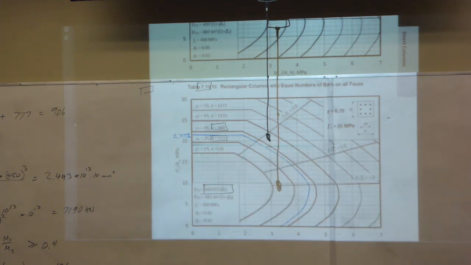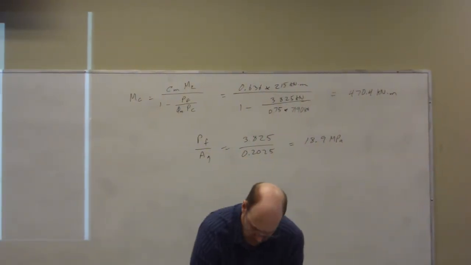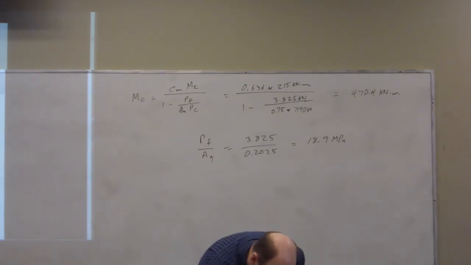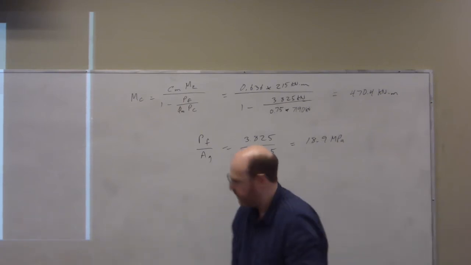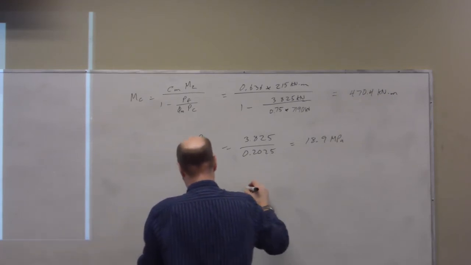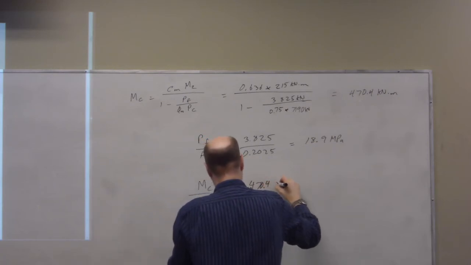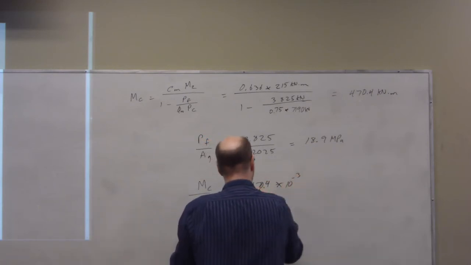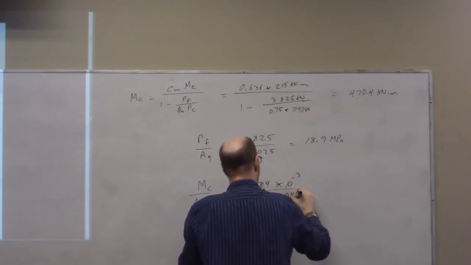Now we'll calculate our moment over AgH. So it's now Mc over AgH. Again, 470.4, unit conversion factor, 0.2025, 0.45.